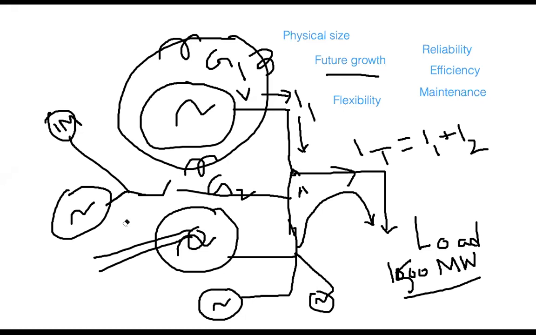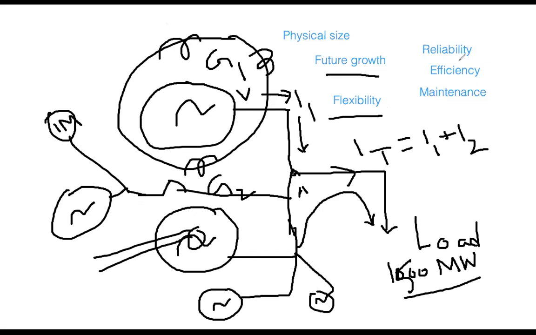On the other hand, the day this one goes for maintenance, then they will be connected to the system. This means industry wants flexibility. They don't want to be connected always to the grid. If they need power, only then they want to be connected. Otherwise, they can go with their own power. That's why, to provide flexibility to the industry, they go with the parallel operation system.